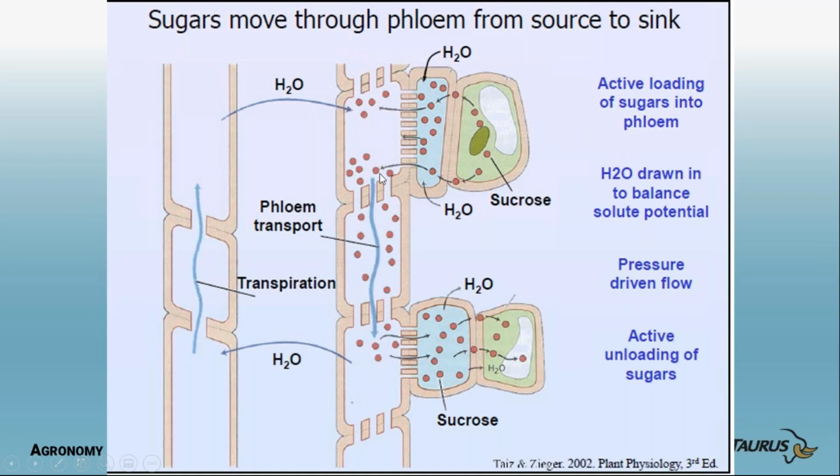So that water pressure moves it to the sink, and it unloads it at the sink. That's the root, the tuber, or it could be the apical meristem, because the leaves at the very top of the plant are photosynthesizing. That removes the solutes, the water moves back, and the transpiration flow pulls it back up and recycles it.